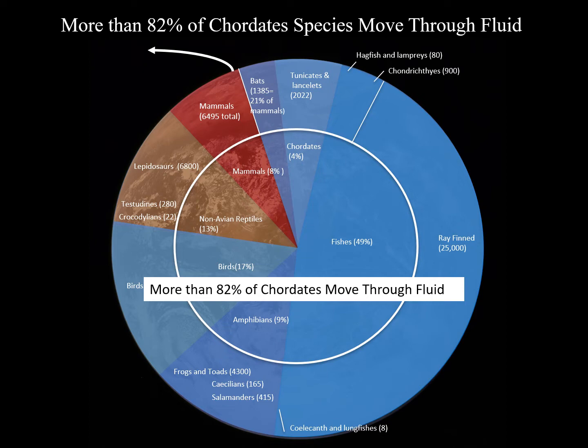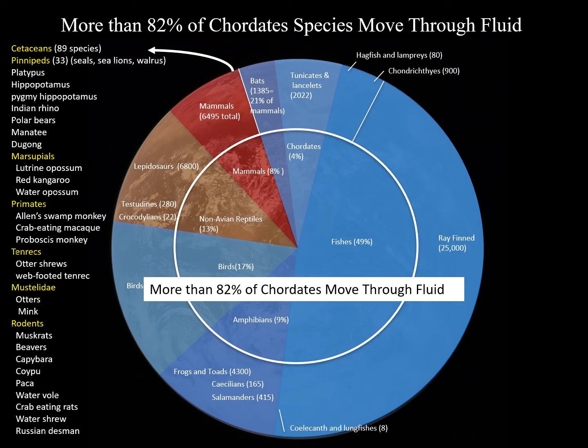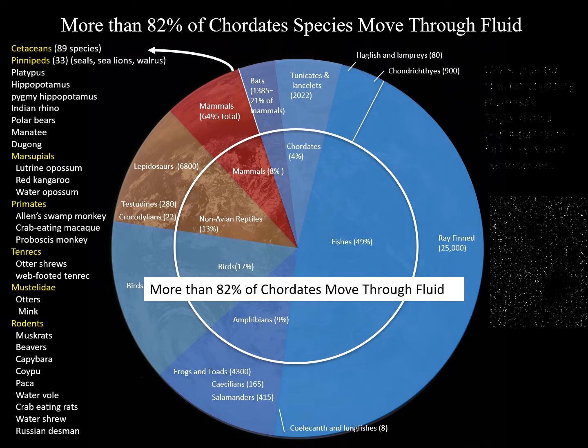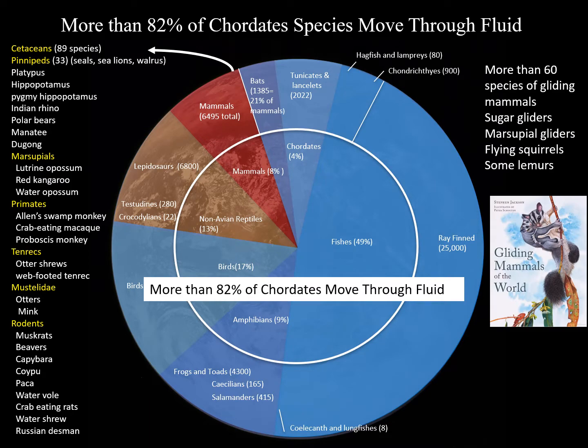And you have to remember, some of the mammals that are marked as being terrestrial, those that are included in that wedge of the pie, are actually aquatic. So we have a lot of cetaceans, 89 species, 33 species of pinnipeds, and a very small number of rodents that are aquatic, etc. And then there are some mammals that also glide.